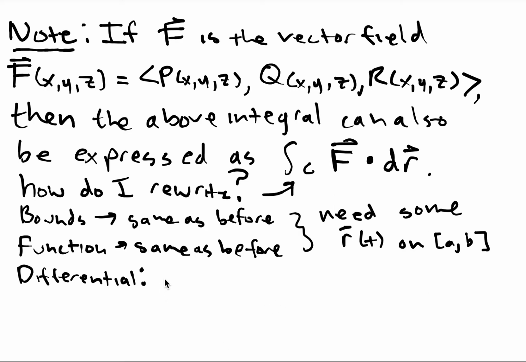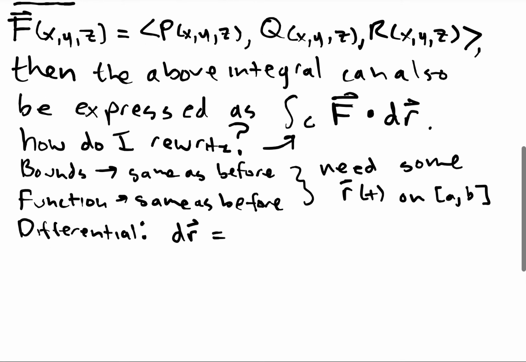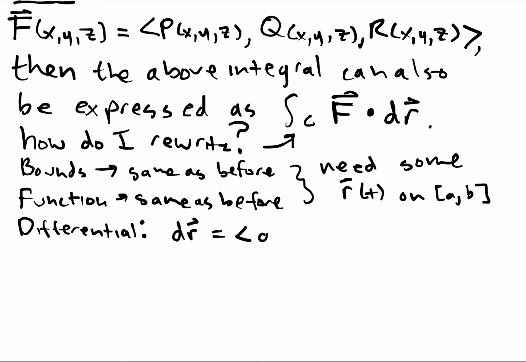Now, as far as fixing the differential goes, this dr, here's some side notes on this. This dr, we just said this is dx, comma, dy, comma, dz, stuck inside a vector. In the previous page of notes, we just said that you could use Calc 1 differentials to rewrite each of these things.